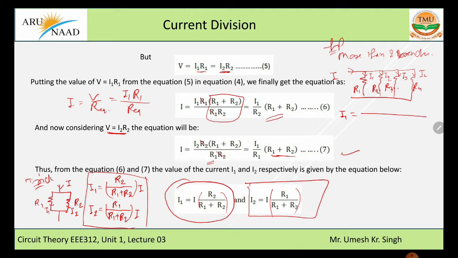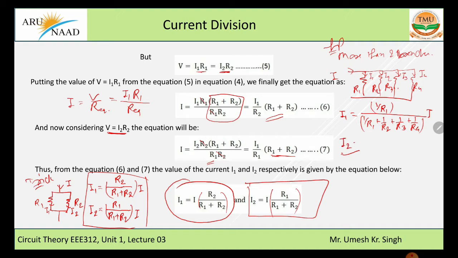Look carefully. So we know that the current is inversely proportional to resistance, so we will write 1 upon R1 in numerator, then 1 upon R1 plus 1 upon R2 plus 1 upon R3 and so on. For any number of parallel paths we can write this.